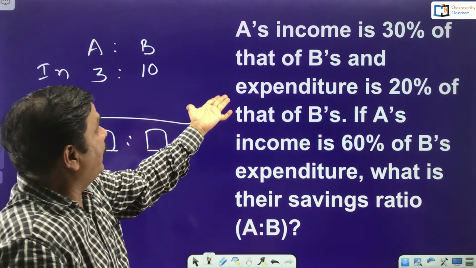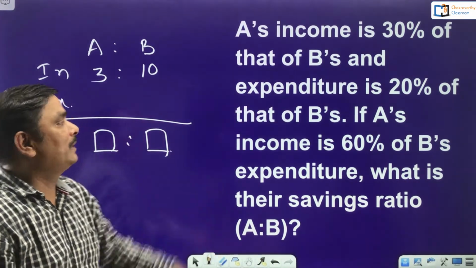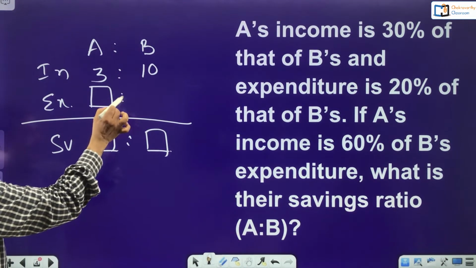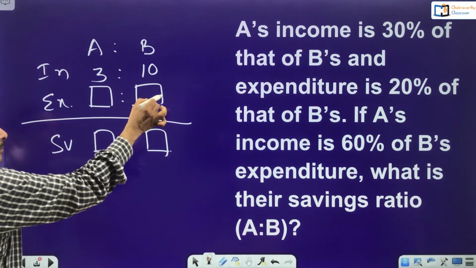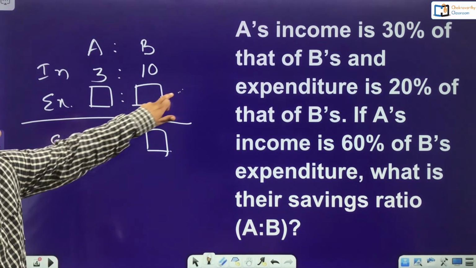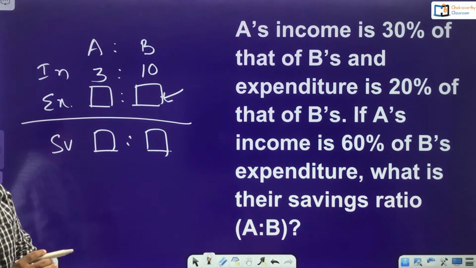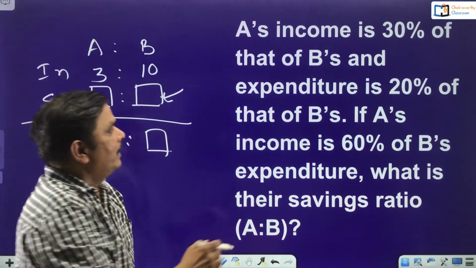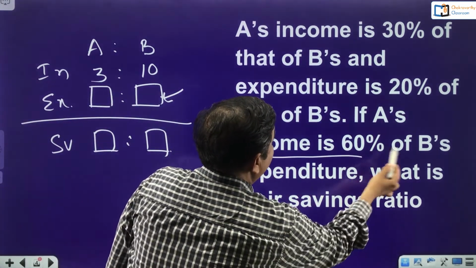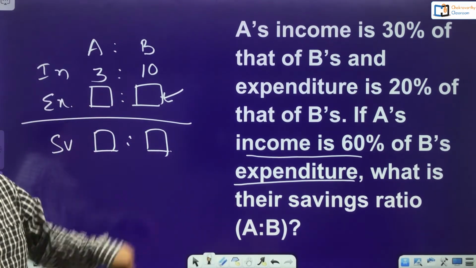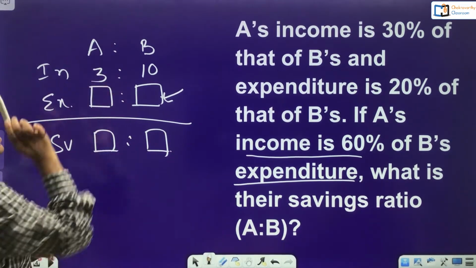Next, you see, A's expenditure is 20% of that of B's. A's expenditure, this one, is 20% of this figure. I should know this figure first. Obviously, 20% of this figure is this one. How to find out this one clearly? A's income is 60% of that of B's expenditure, and A's income is 3 here.